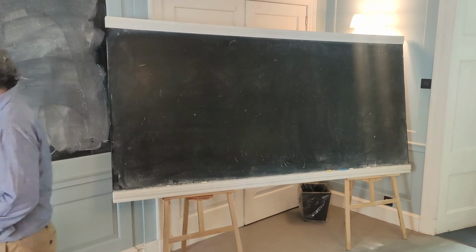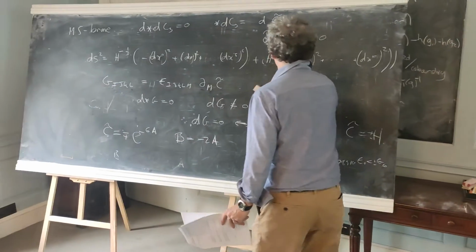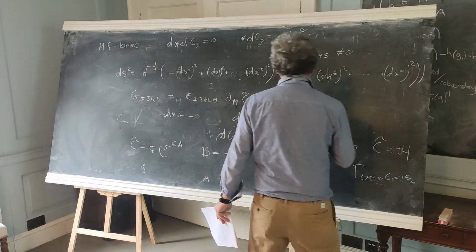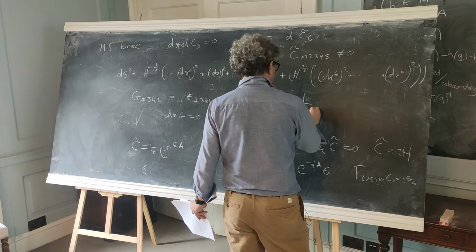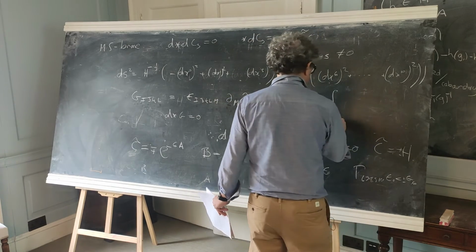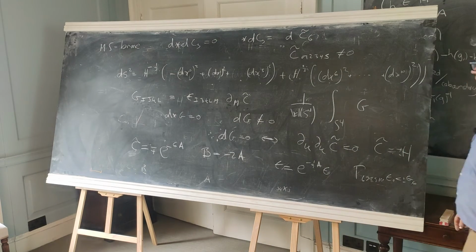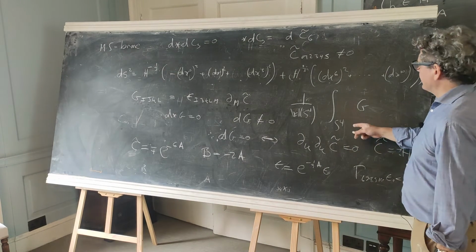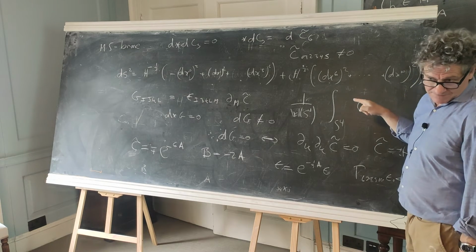So the next topic I wanted to do, by the way, it's called a magnetic solution, which we'll come back to later, because what's the charge here? The charge would be 1 over the volume of a four-sphere times the integral over the four-sphere of just g. And the four-sphere is the sphere at infinity of this transverse 5-dimensional space.